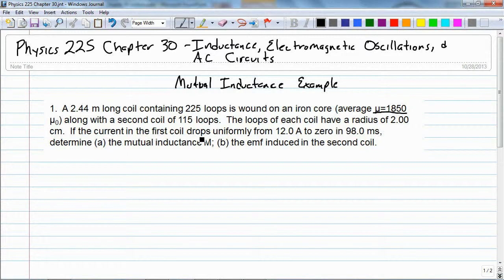And if the first coil drops uniformly or linearly from 12 amps to 0 in 98 milliseconds, we want to know the mutual inductance and the EMF induced in the second coil.